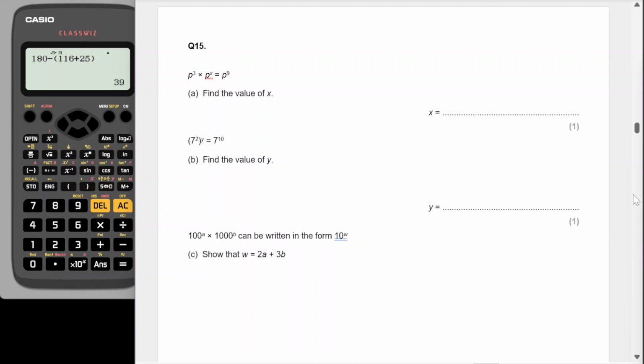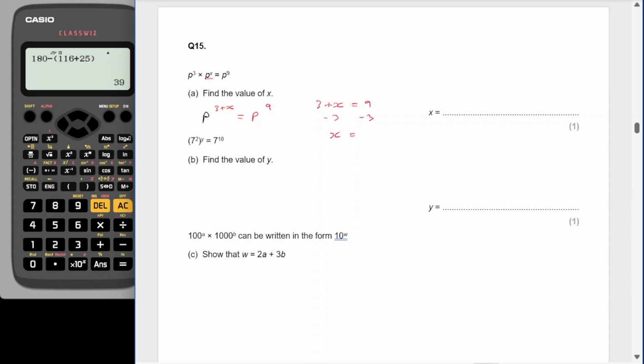Question 15. P to the power 3 times by P to the power X is equal to P to the power 9. Work out the value of X. So this would actually be P to the power 3 plus X, and that's got to be equal to P to the 9. So 3 plus X, or X plus 3, is equal to 9, minus 3 from both sides.